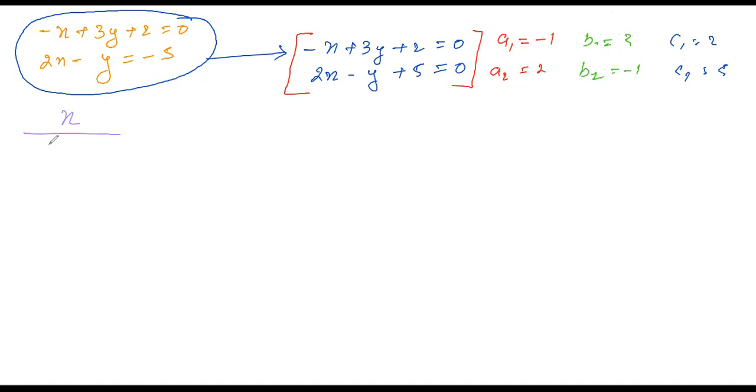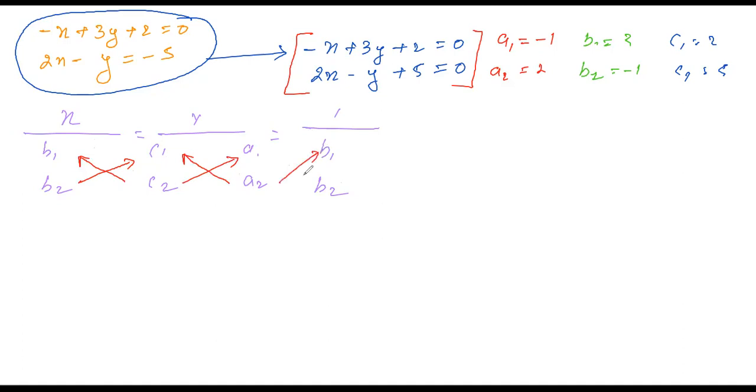So, x upon b1 by b2 equals y upon c1 by c2, equals 1 upon a1 by a2. Previously I had taken minus 1, but right now I'm taking 1. Now I will cross multiply this one with this one, and this one with this one. You need to remember the way you are multiplying.